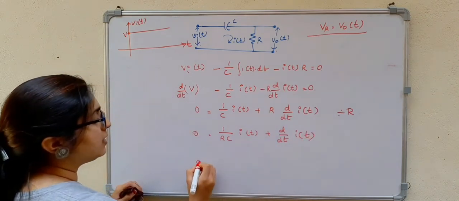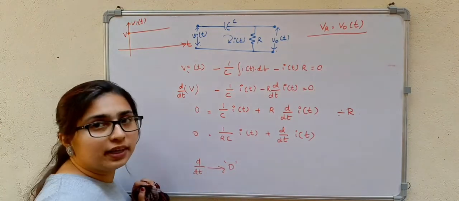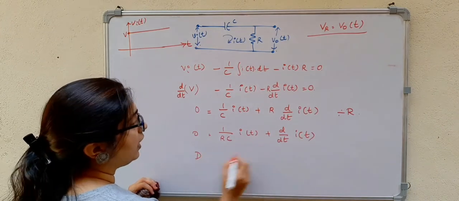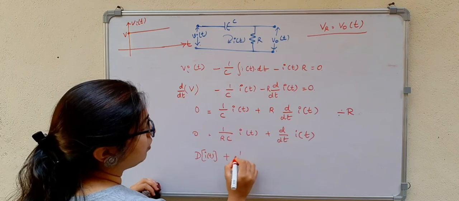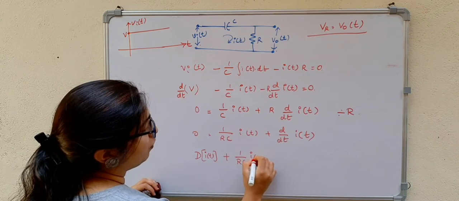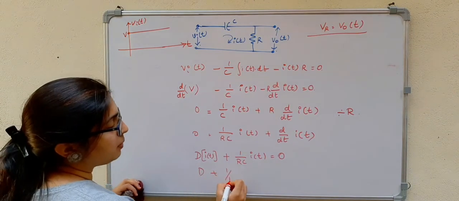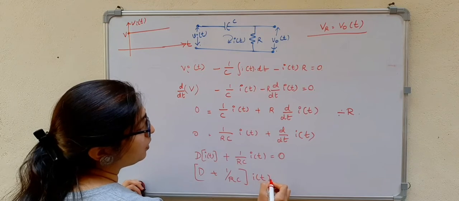We also know that d by dt can be written as a capital D. So I will write it in terms of D: D i(t) plus 1 by RC i(t) is equal to 0. This can also be written as (D plus 1 by RC) i(t) is equal to 0.